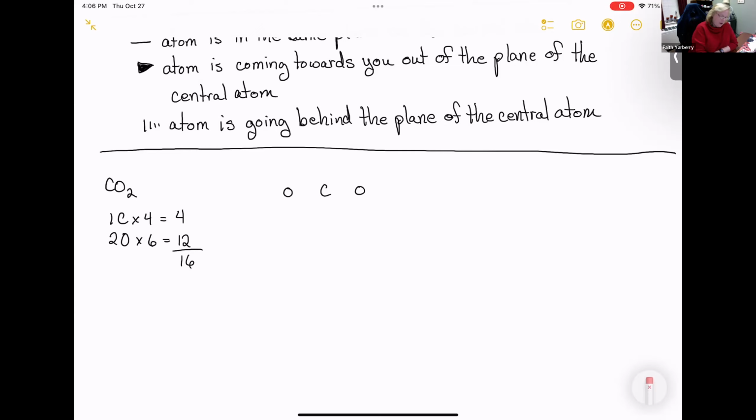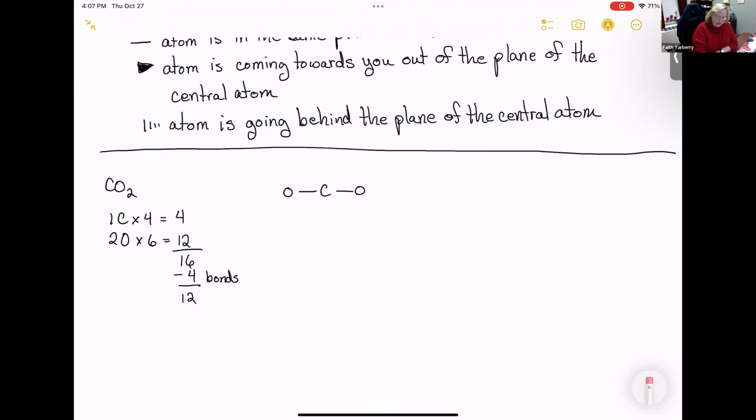Now, the next step in Lewis structures says to draw a single bond between the external atom and the central atom. And we are to subtract 2 for each bond we drew. We drew 2 bonds. 2 times 2 is 4, so we'll subtract out 4 electrons due to the bonds, leaving us 12 left to distribute. The next step says to give your external atoms an octet.